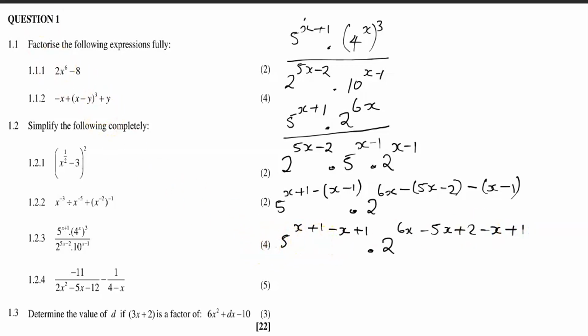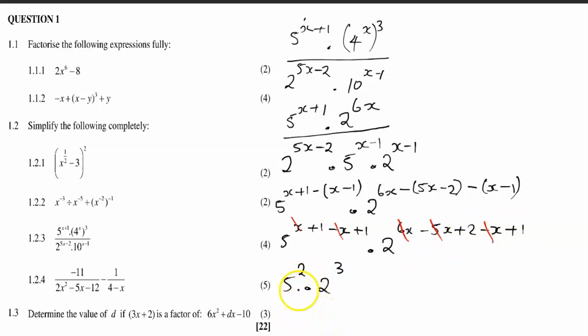And then now we check. The x and the x are going to subtract each other. Negative 5x minus x is negative 6x. Then it's going to cancel the positive 6x, and then we are left with only these numbers. So it's 5 to the power of 2 multiplied by 2 to the power of 2 plus 1, which is 3.